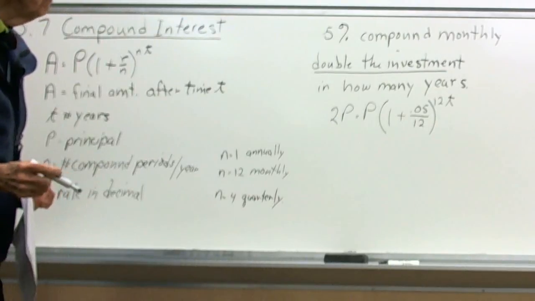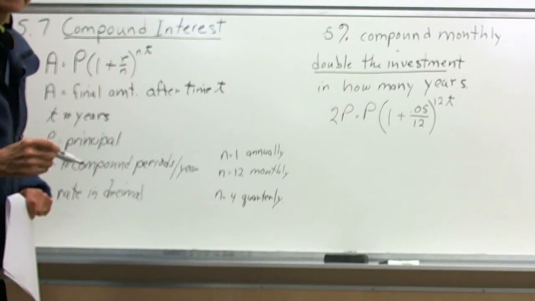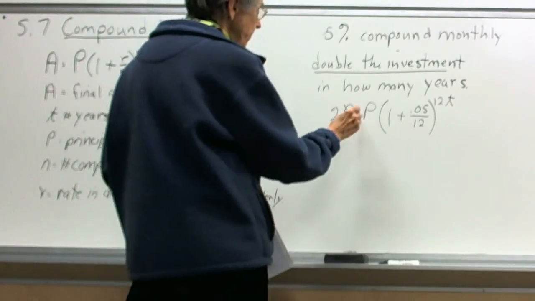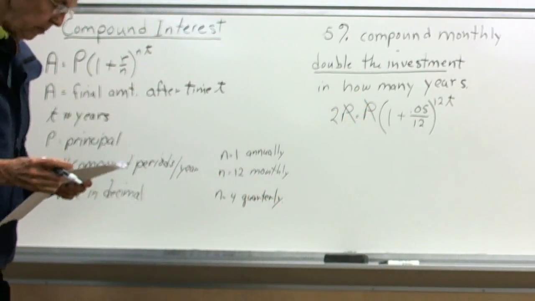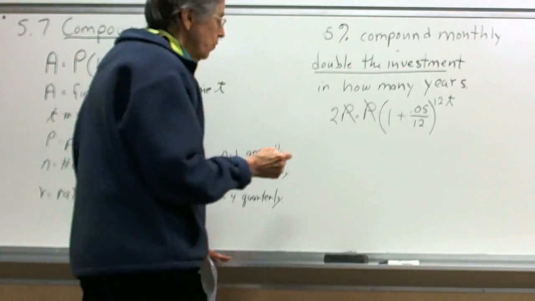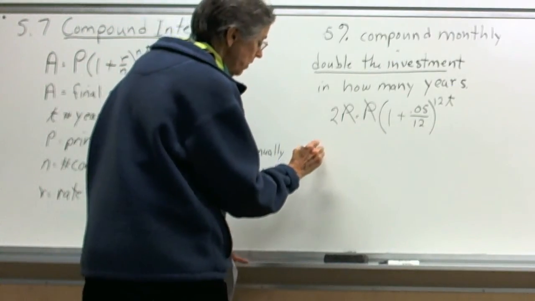Well, if we're going to solve for T, the first thing I would do is divide through by P. Okay. And then I'm going to take the log of both sides. You can use the common logs or the natural log. I'll use the natural log here.